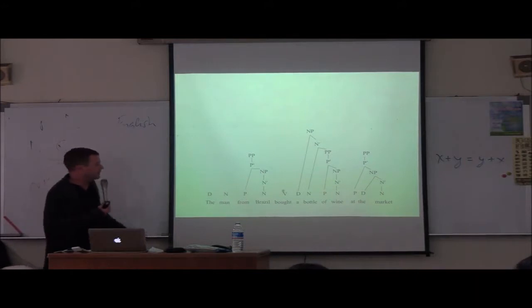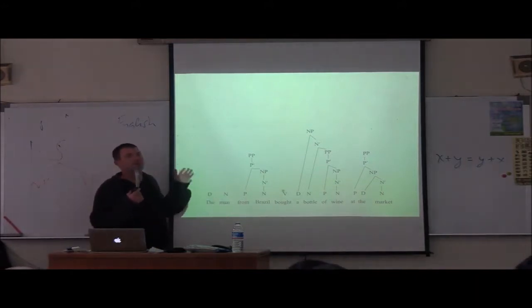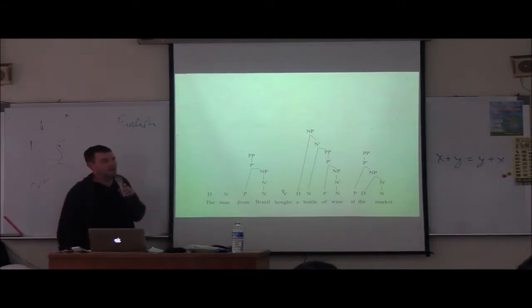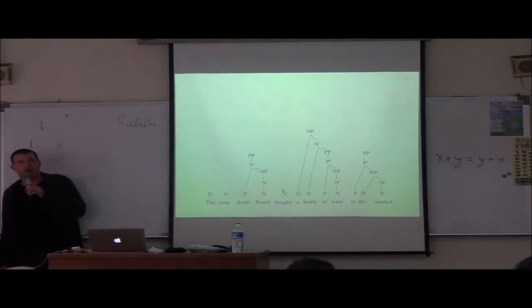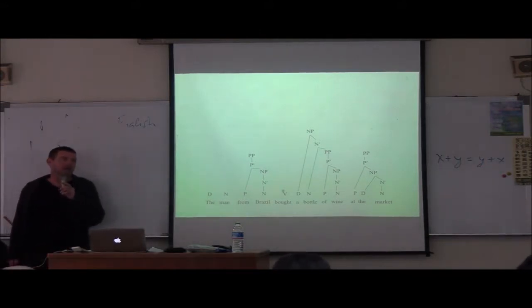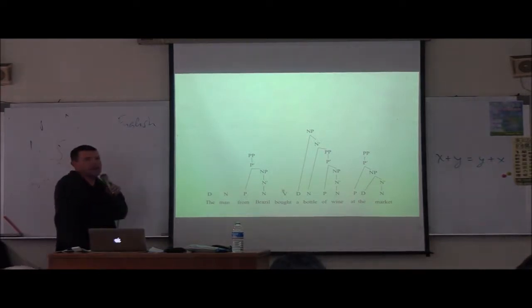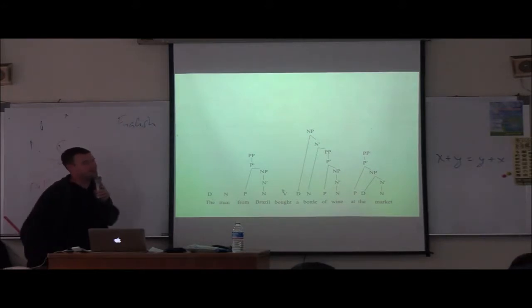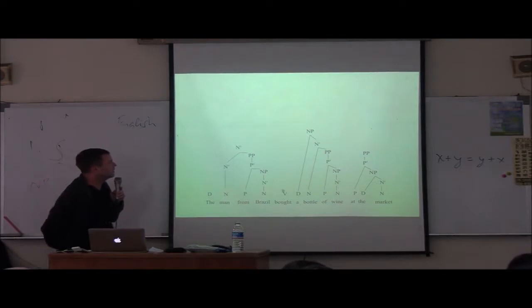You can put things between man and from Brazil. So you know that from Brazil is an adjunct. Adjuncts have to be sisters to X bars, meaning that we need another N bar in this tree, aside from the one that is the mother of the head, to be the mother of the adjunct.